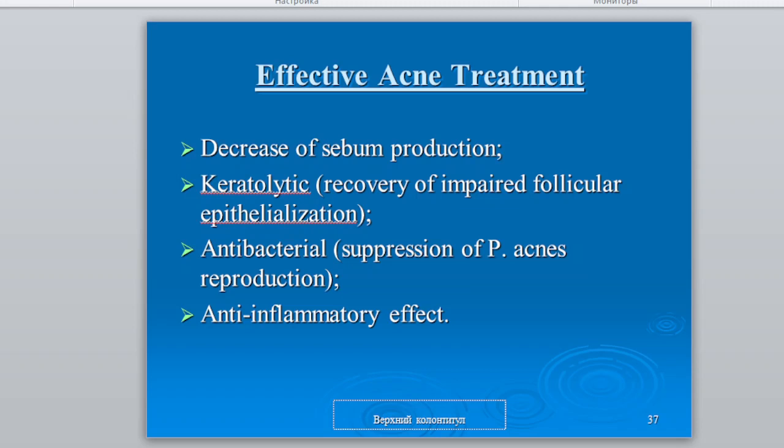Next, effective acne treatment: decrease of sebum production, keratolytic recovery of impaired follicular epithelialization, antibacterial suppression of P. acnes reproduction, anti-inflammatory effect.